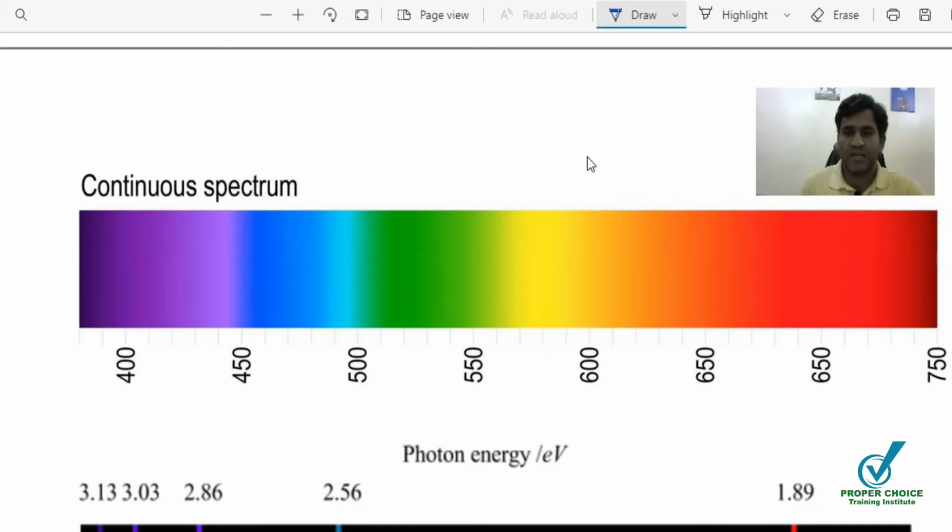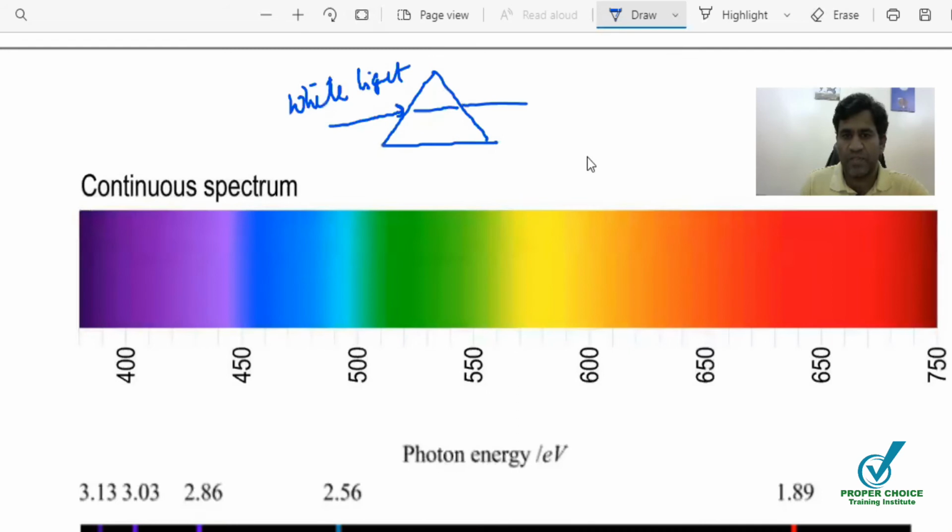As different colors of light have different wavelengths, we get a spectrum like this. This type of spectrum, represented for white light, is called the continuous spectrum.